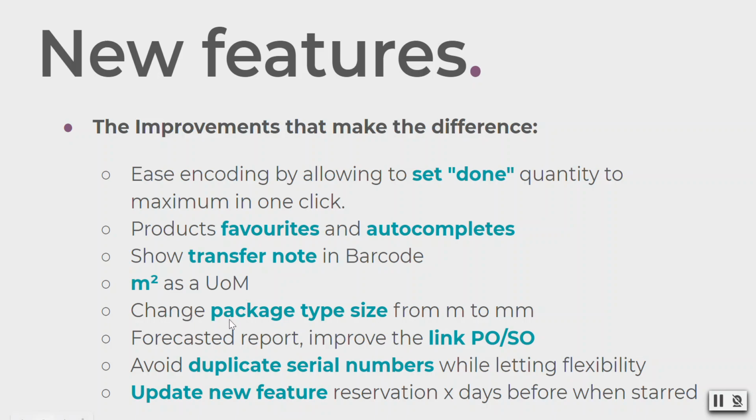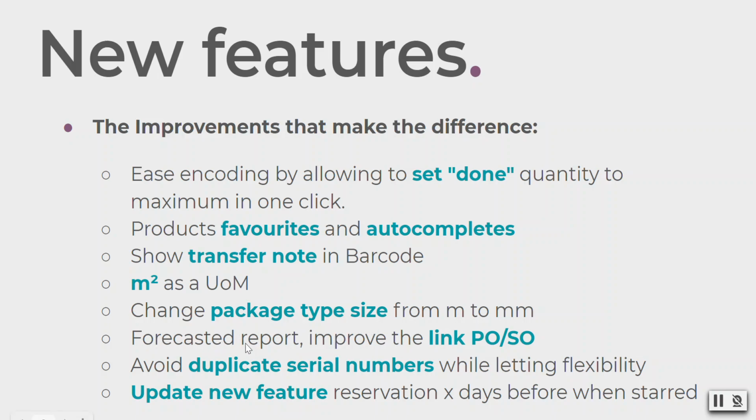Another thing is that before, the package type sizes were in meters and with an integer field, so it was useless to use them. And now it's changed to millimeters, and it's no longer an integer, so you can now enjoy this possibility to choose your package type size correctly.